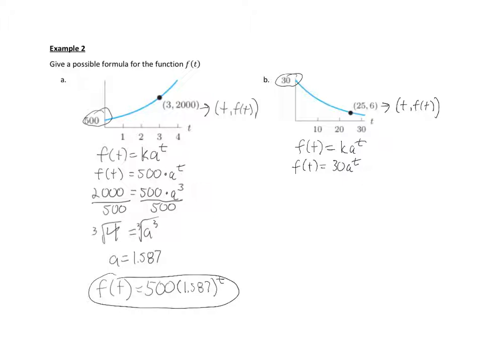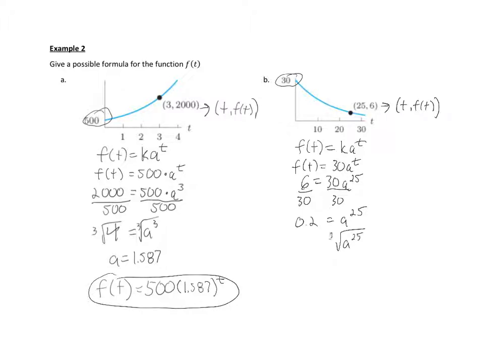So the f of t is 6. 6 equals 30 times a, and for t, we're going to put in 25. We divide by 30. And we get 0.2 equals a to the 25th. And like we did before, we need to use that root. So you're going to need to use your TI calculator.